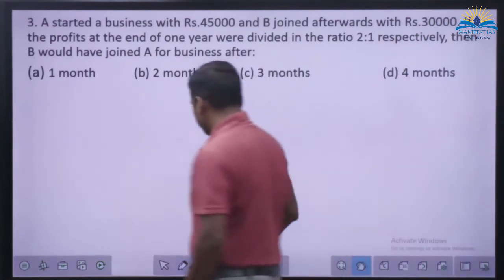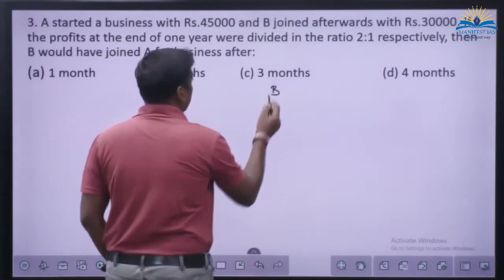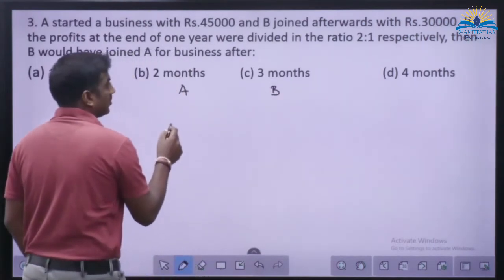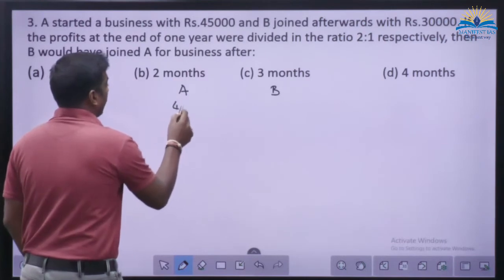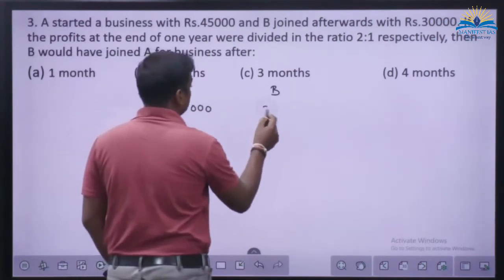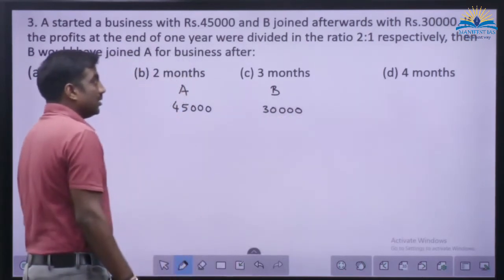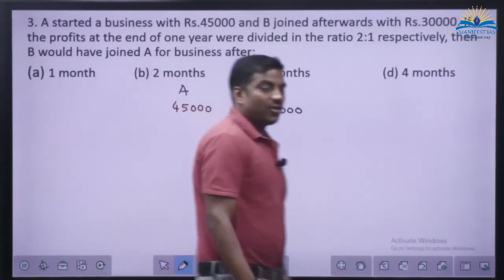So simple, A here, B here. A has invested how much? 45,000. B has invested 30,000. But A has invested for how many months?